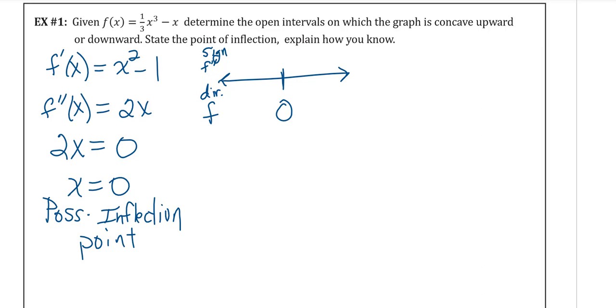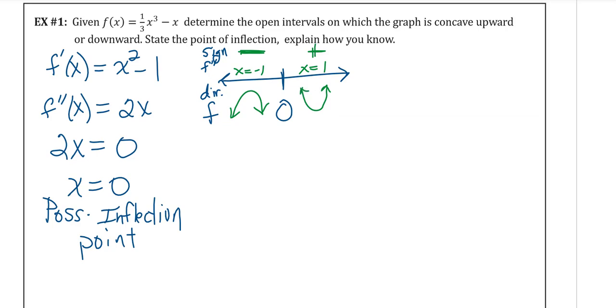If we choose a point to the left of 0, like -1, and substitute it in the second derivative, we get a negative. A negative second derivative means that we're concave down for f. On the other side, if we use 1, we get a positive number. A positive second derivative tells us that we are concave up.